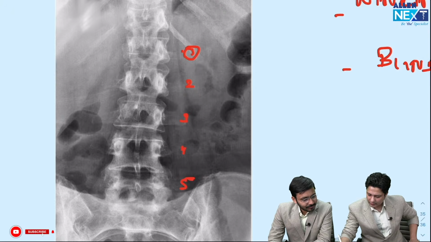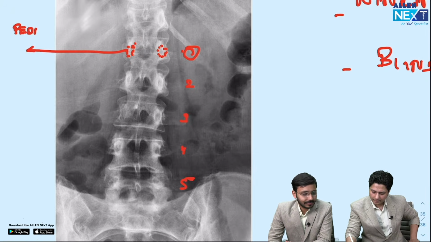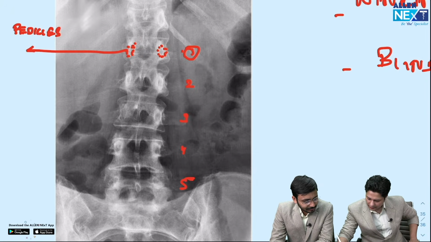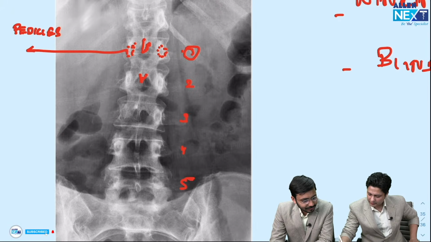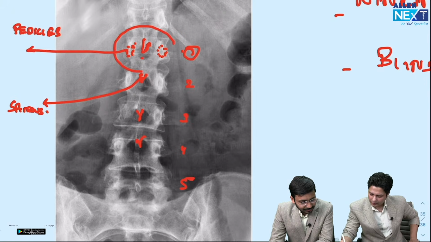In vertebra number 1, these structures over here are known by the name of pedicles. This structure which appears in between is the spinous process, and this is the entire vertebra.